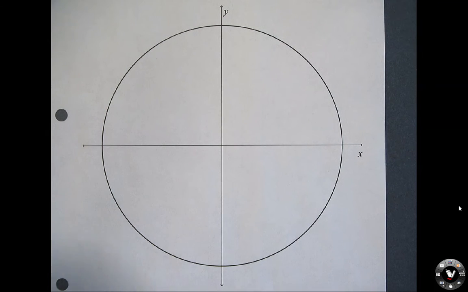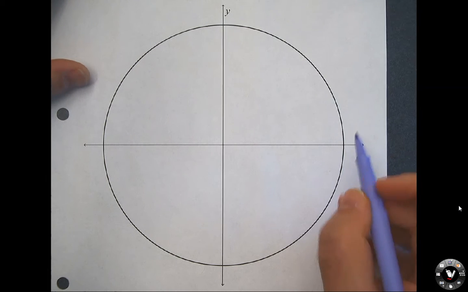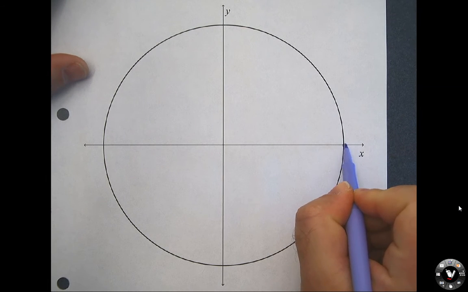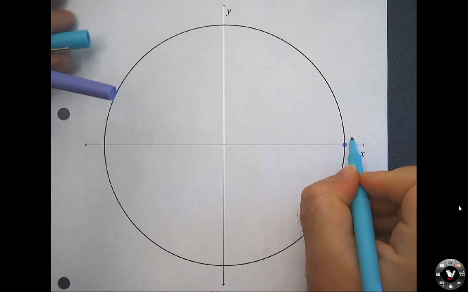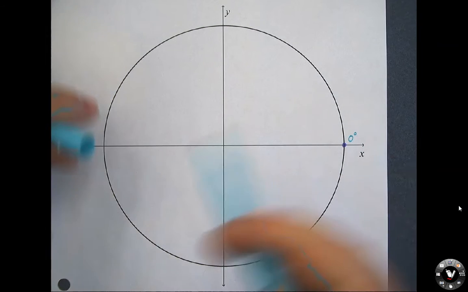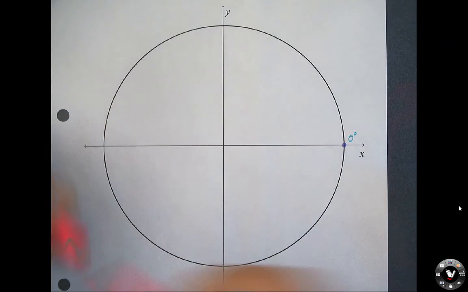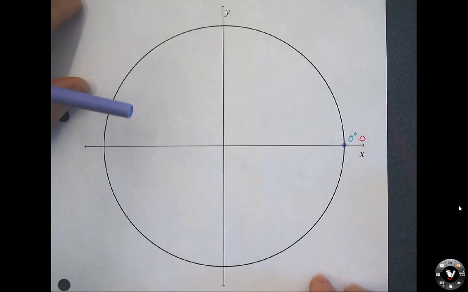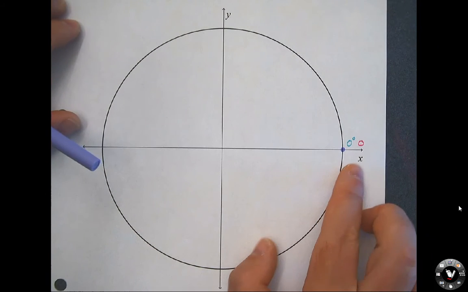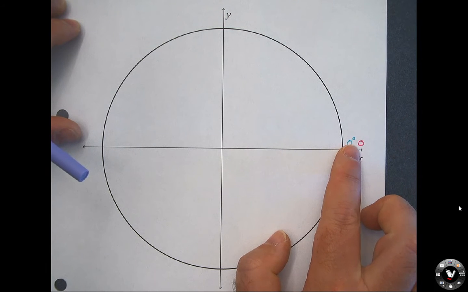So where do you begin when you're thinking of the unit circle? We always begin here. We consider this to be 0 degrees, and we consider this to be 0 radians. Radians you don't usually put units with. If you're talking about degrees, you must write the degree symbol.